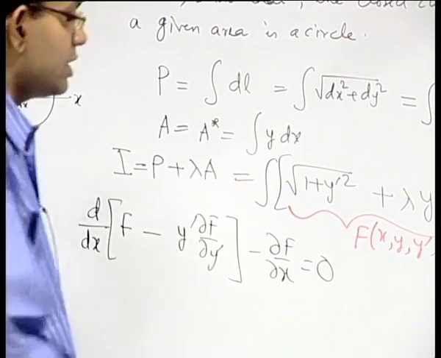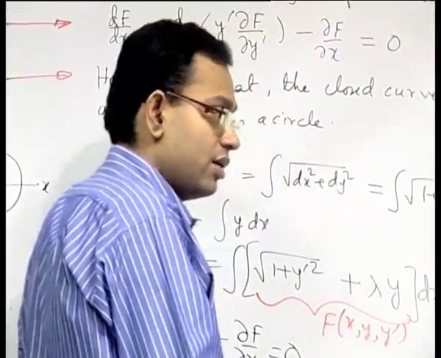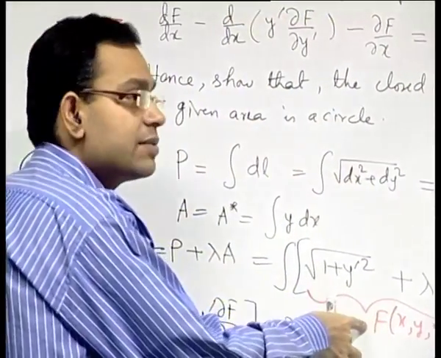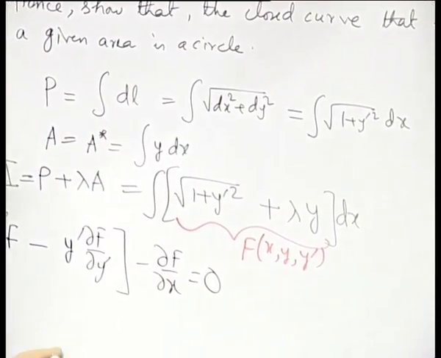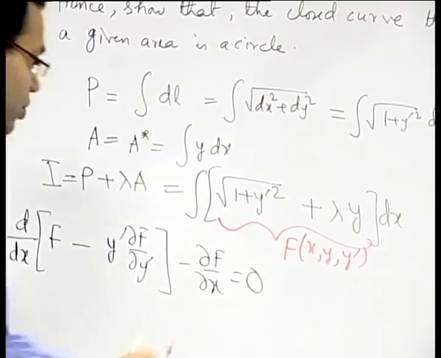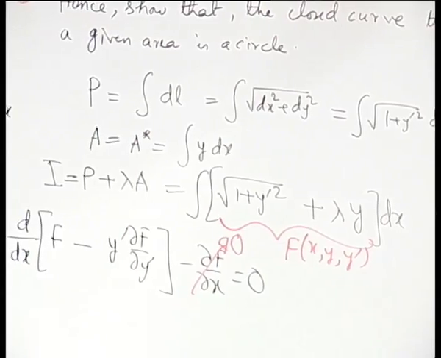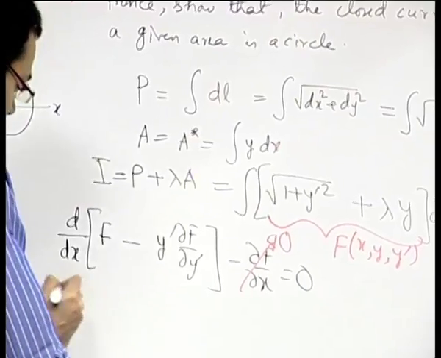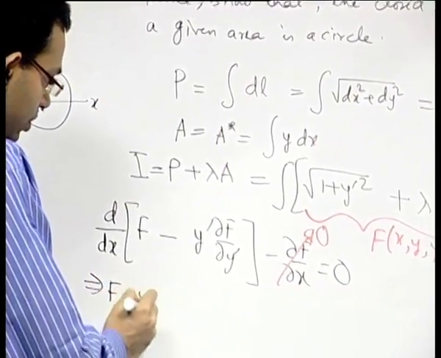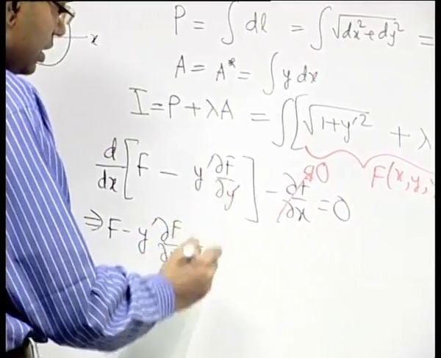Why? Because f contains y and y prime which are themselves functions of x, but the partial derivative of f with respect to x is 0 because there is no explicit x appearing here. So, that means you have this equal to 0. So, that means you have f minus y prime del f del y prime is equal to a constant.